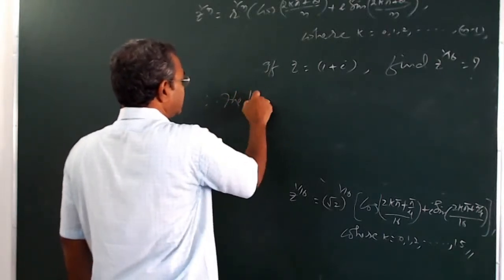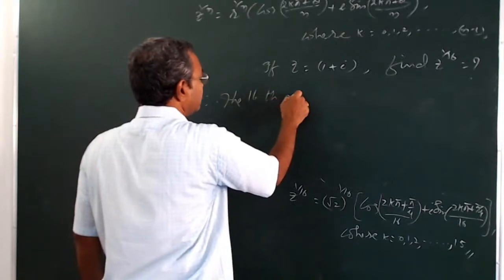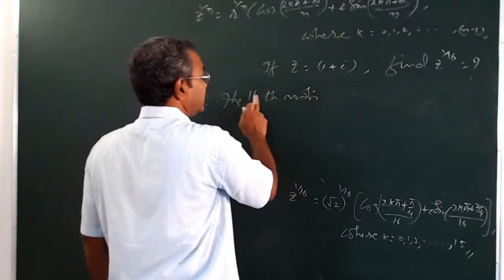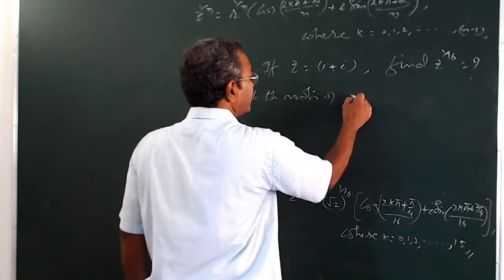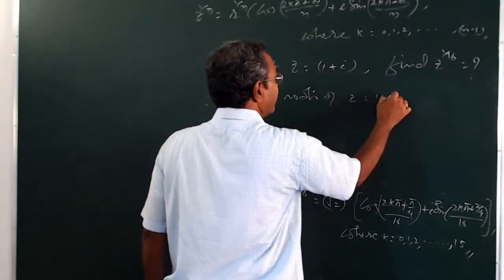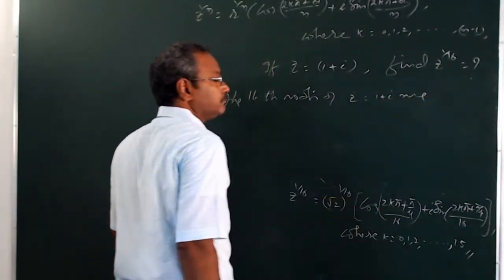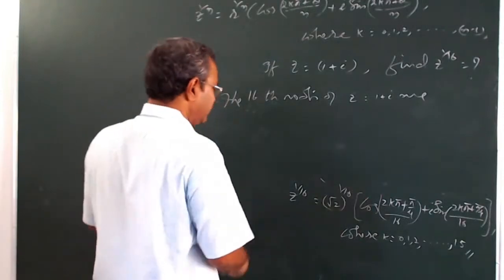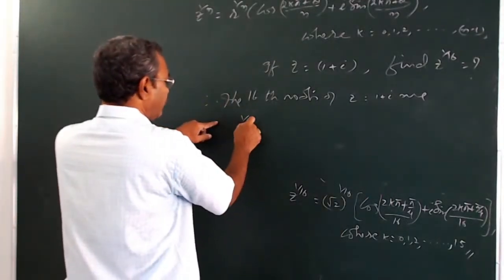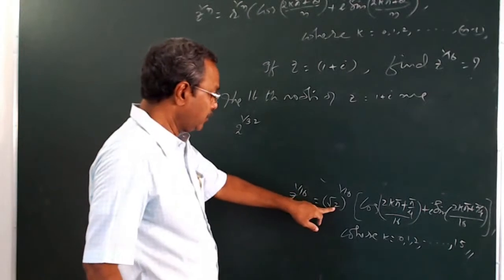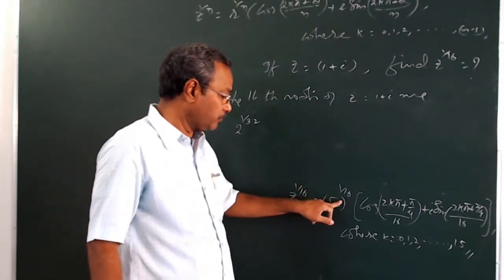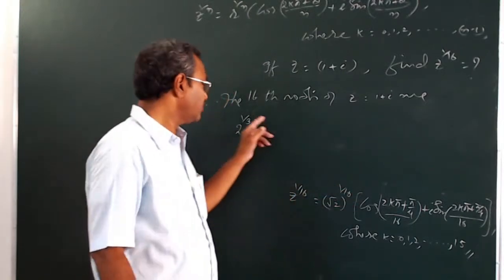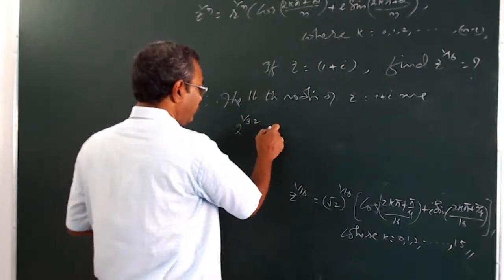Therefore, the 16th roots of the complex number z, which is 1 plus i, are: the first one, 2 to the power of 1 by 32, because root 2 is 2 to the power of 1 by 2, whole to the power of 1 by 16, it is 2 to the power of 1 by 32, into cis.